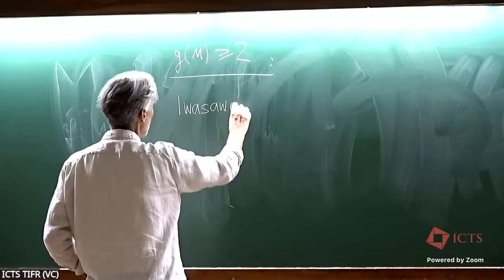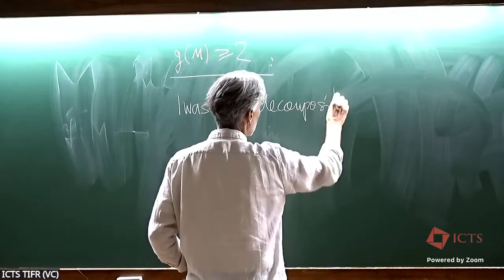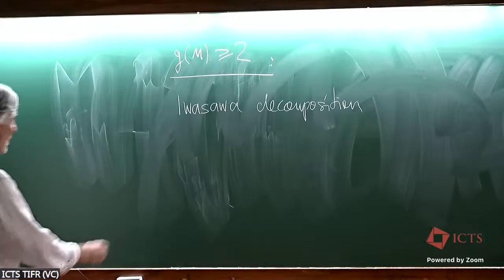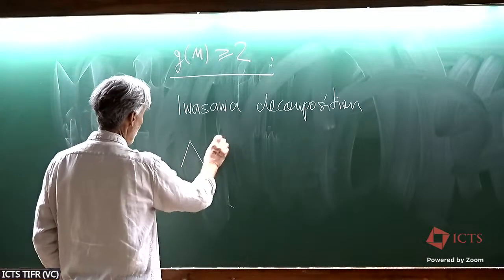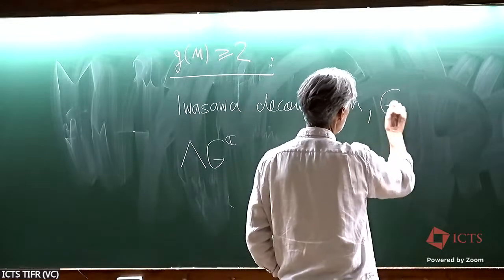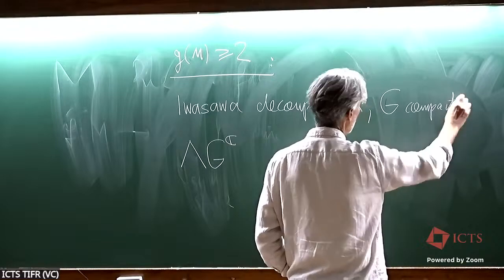Of loop groups. And that's simply the following statement: you take the loop group of G, where G has to be a compact Lie group. This doesn't work for non-compact, or not globally.